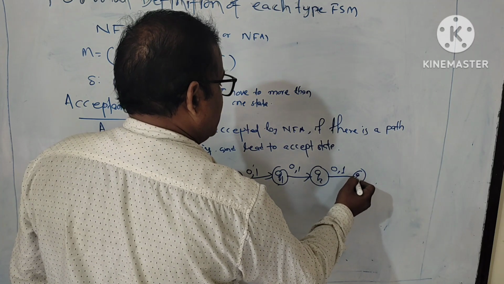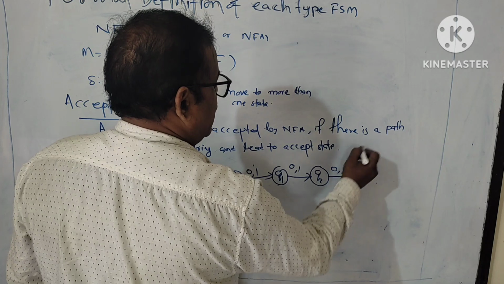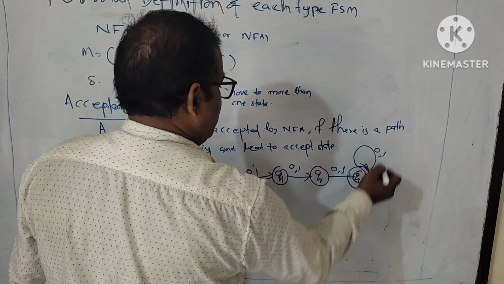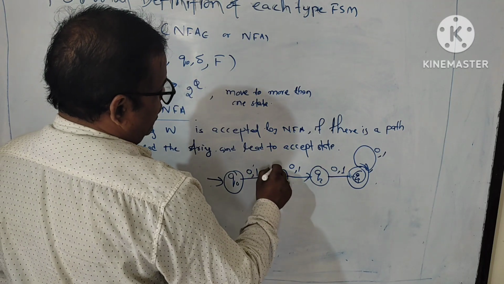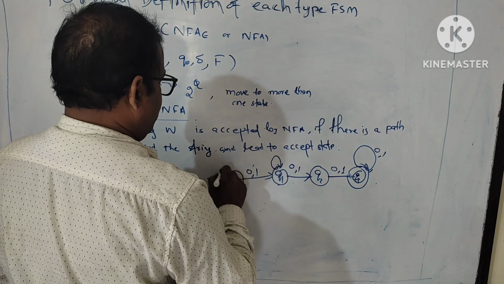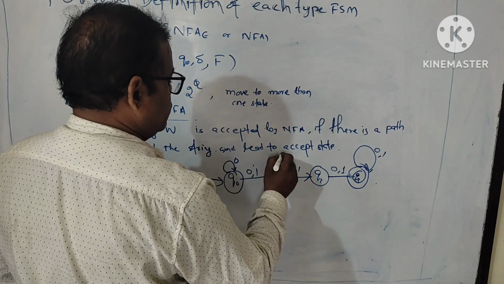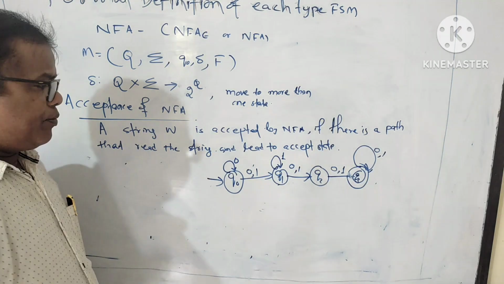Let me write here Q3. This is the final state, with 0, 1. This is my initial state. There is a loop here for 0 and 1. Sir, is it an NFA? Yes sir, it is an NFA.